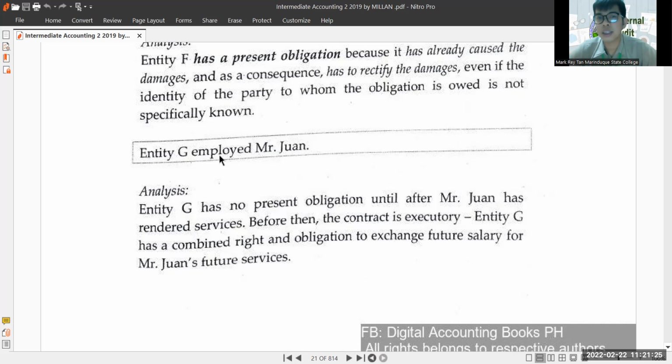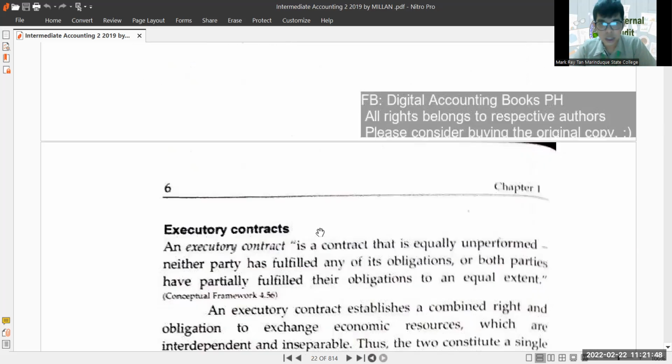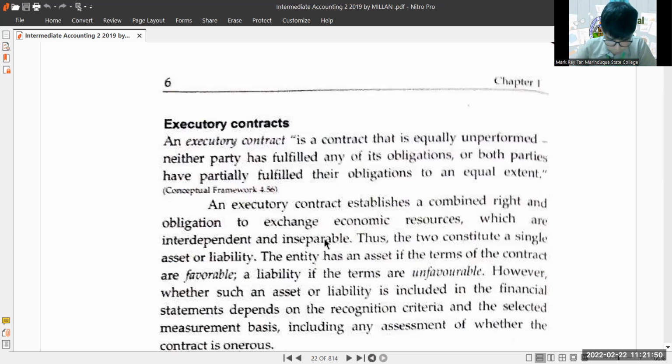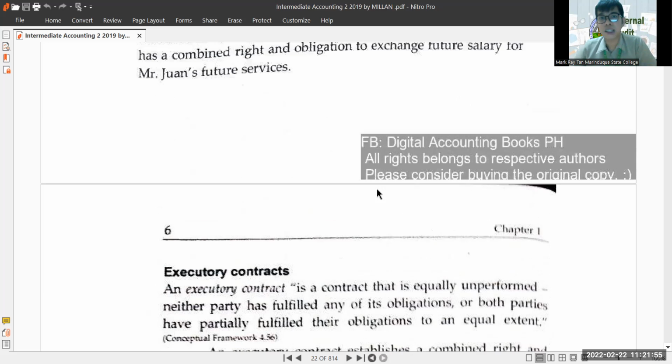Once si Mr. Juan nag-start na siya mag-render ng service, so sa part ni Mr. Juan, nag-effort na siya. Yung labor niya, nag-start na din. So, sa part niya, meron na siyang expectation na Mr. Juan will be paid in the future in the form of remuneration. So, sa part ni Mr. Juan, nagkakaroon siya ng tinatawag na, anong term na ginamit niya dito? Asset. Parang meron siyang receivable.